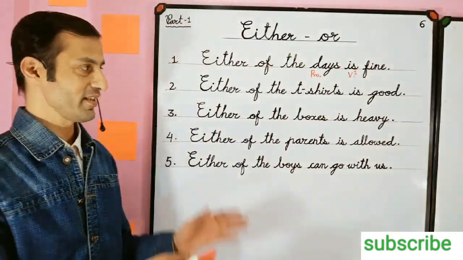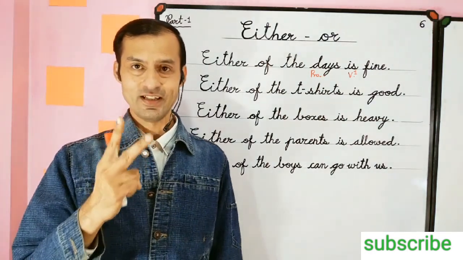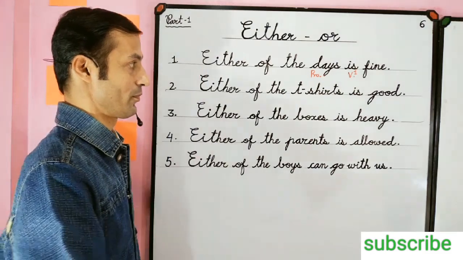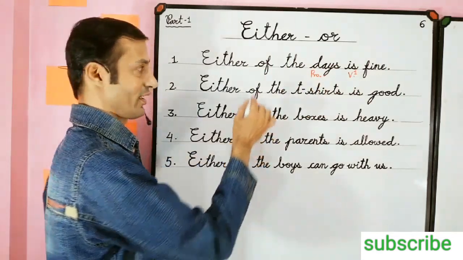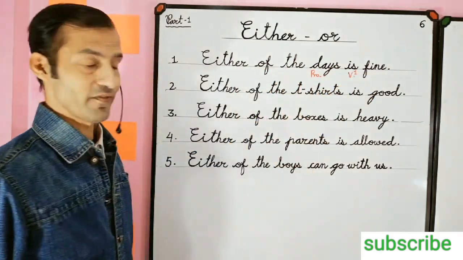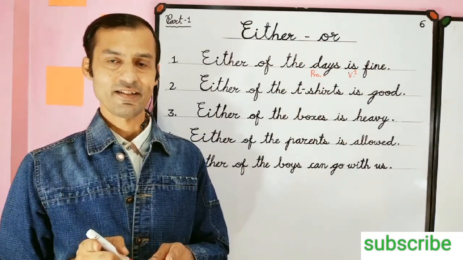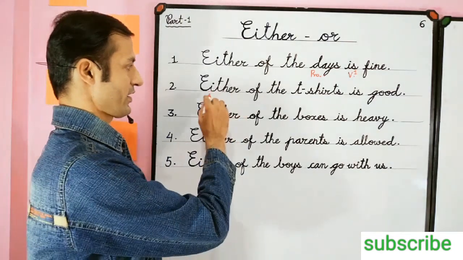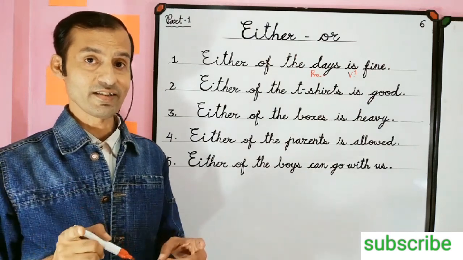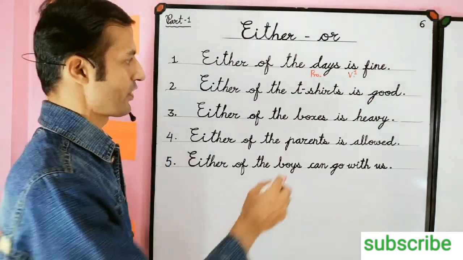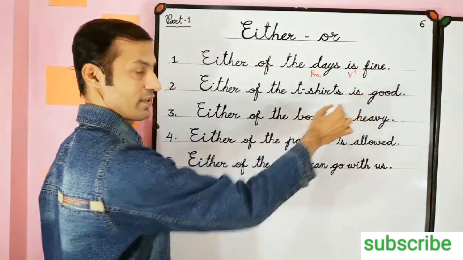And how we see these sentences, this shows one choice between two things, and we use a plural indefinite pronoun and a singular verb after either of. Either of the days is fine. But it cannot be said like this: either of the days are fine. Second sentence: either of the t-shirts is good, but not either of the t-shirts are good. So we have used a plural indefinite pronoun and a singular verb.